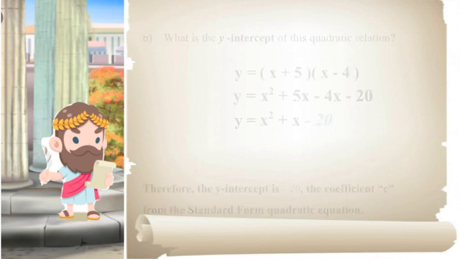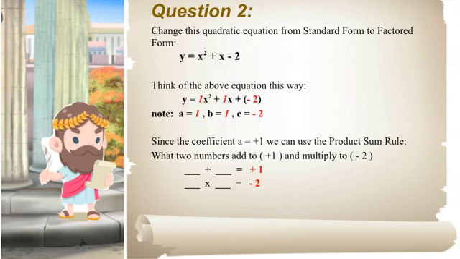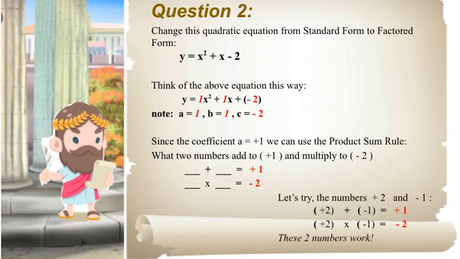Next, we looked at this quadratic equation at the top of the page and worked to solve for x, or to find the x-intercepts, using the product sum rule, asking the question, what two numbers both add to the b coefficient value of +1, and both multiply to equal the c coefficient's value of -2. Can you think of two numbers that satisfy these two equations?